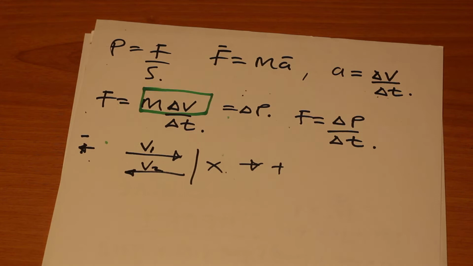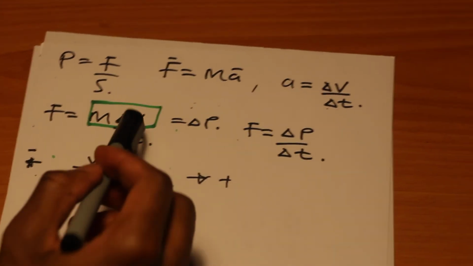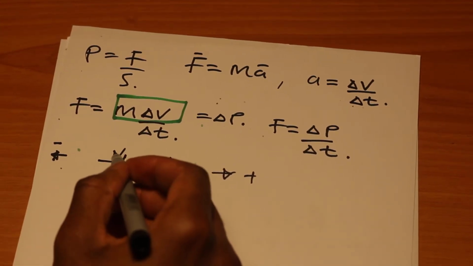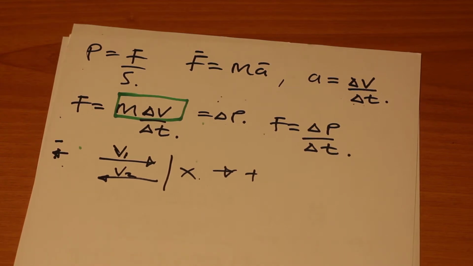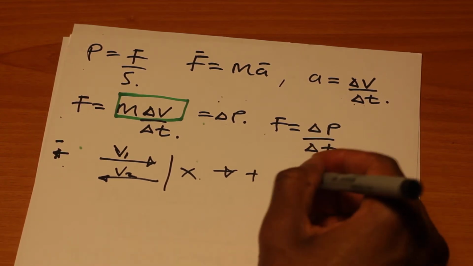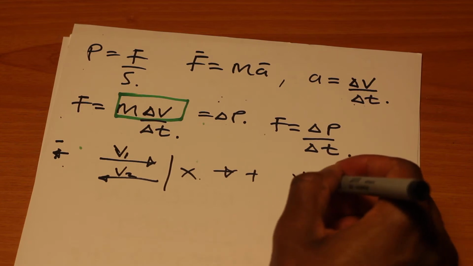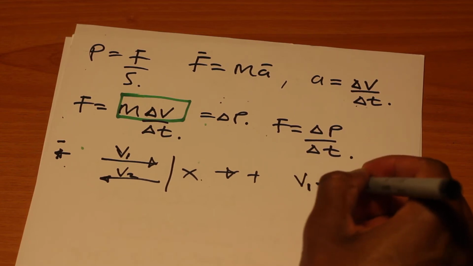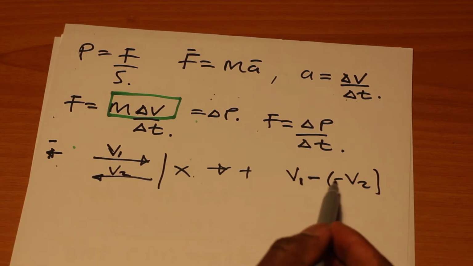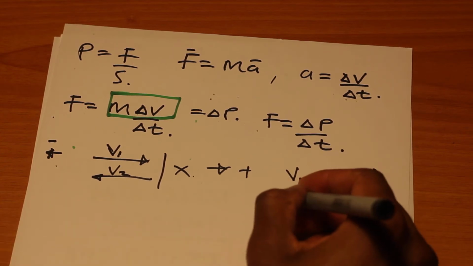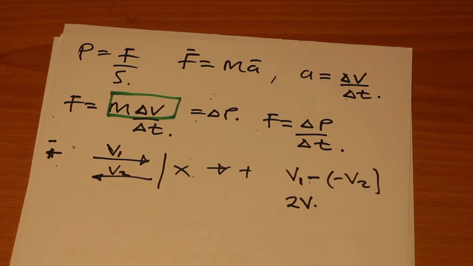Therefore, when we talk of the change in velocity here, we're talking of subtracting the difference between two quantities. So here we find the difference between the two quantities for us to find the change in velocity. Since this is going in the negative direction, negative times negative will give us a positive velocity.